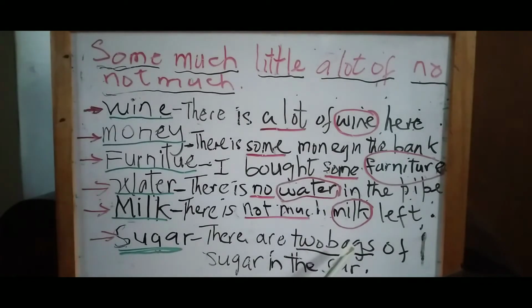So when you have a sentence where you have a countable noun along with an uncountable noun, then you could use a number, or you could use a or an, which I told you that you can't use when you deal with sentences with uncountable nouns. But because you have a countable noun there, you could use a number. The number doesn't refer to the uncountable noun. You are not saying 2 sugar, you are saying 2 bags of sugar in the car. I hope it might sound a little confusing, but I hope you get what I'm trying to say.